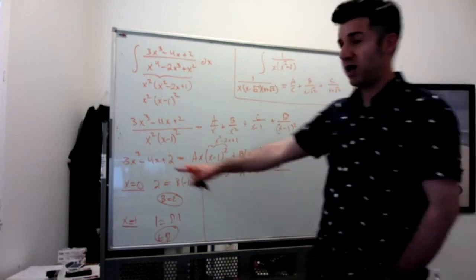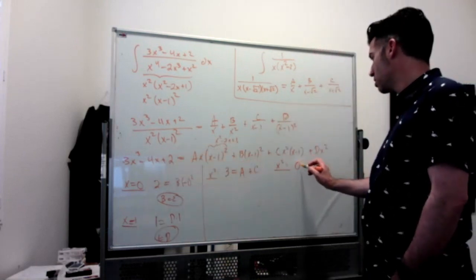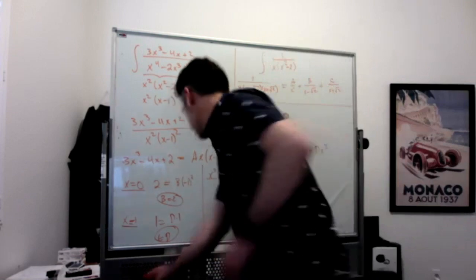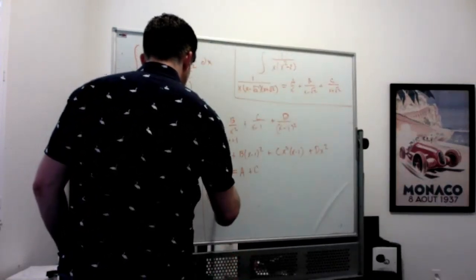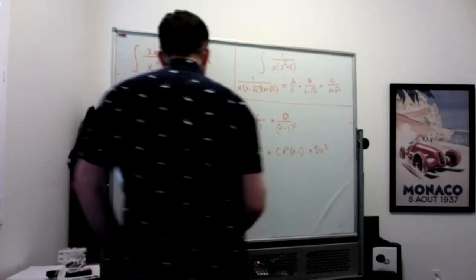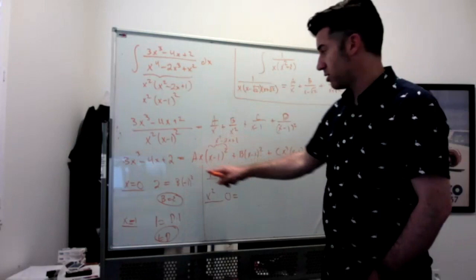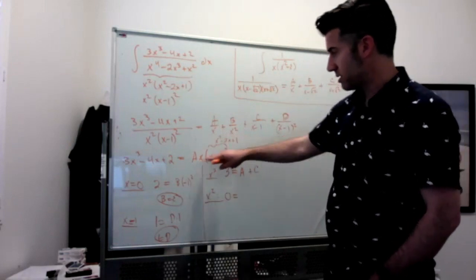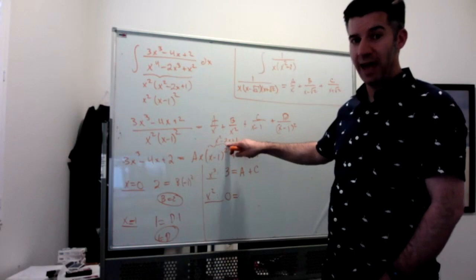So how much x squared do I have on the left? None. I'm going to need a little bit more room. So now on the right, we have to be extra careful. If you multiply this term out, we have ax times a negative 2x, which would give you a negative 2ax squared.